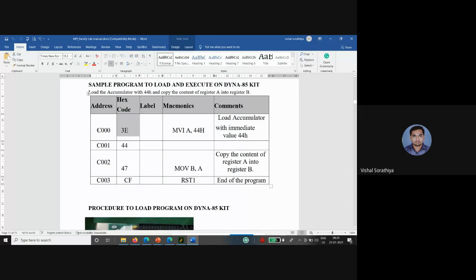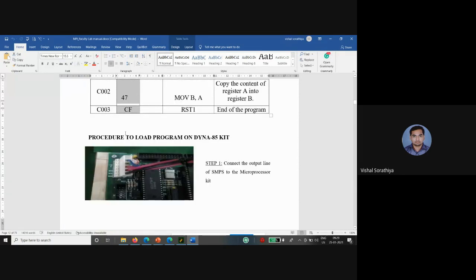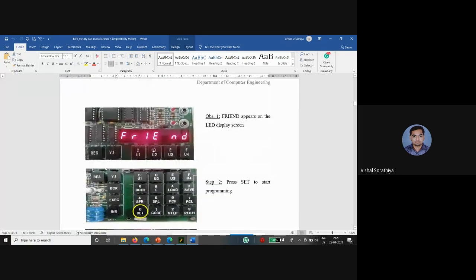Likewise, you write an address, and in front of the address in each block, you write the hex code for each and every instruction. You make a list of them: this is the first hex code, this is the second, then the third, fourth. After identifying those hex codes, you load them into this hardware. You are not writing any MVI or MOV; you are directly loading the hex code into your system.